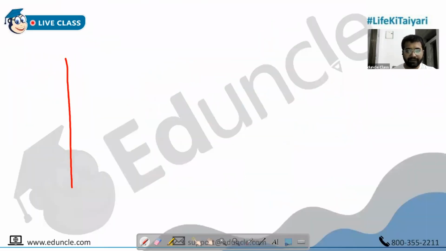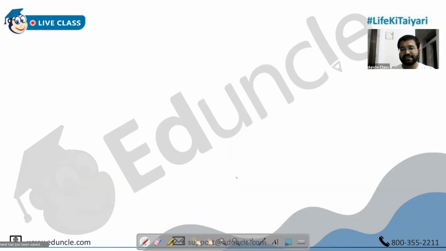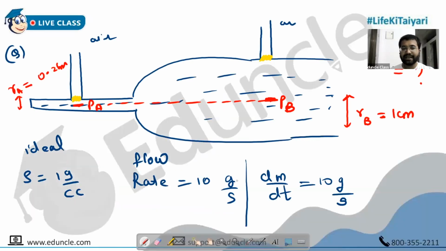Suppose I give you just one cylinder, then along any horizontal line, pressure will be the same because they are in the same compartment. But if there are two different compartments, then the pressure will vary because there are different additional pressures. Pressure along the same horizontal line is the same provided that you are in the same compartment. Here there is additional pressure of only this much, but here you have got an additional pressure of this much.